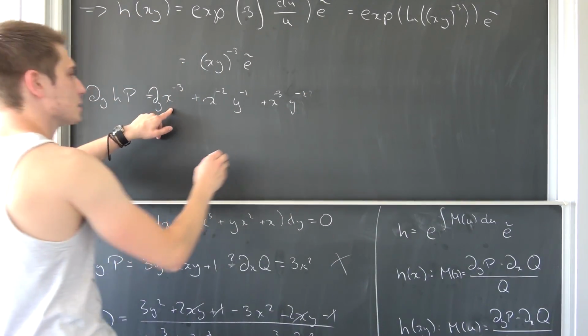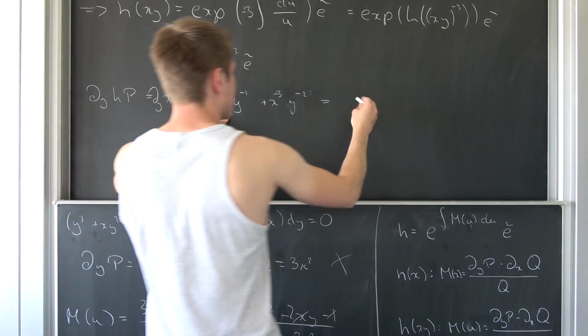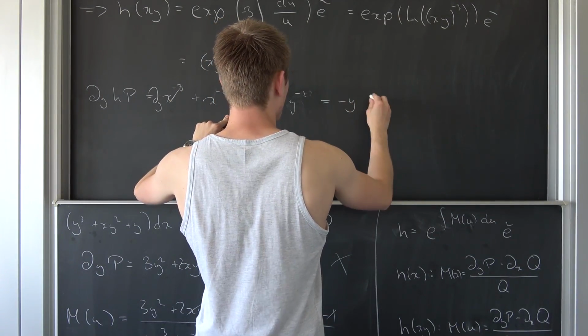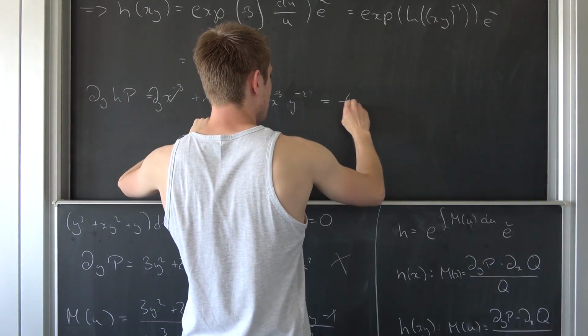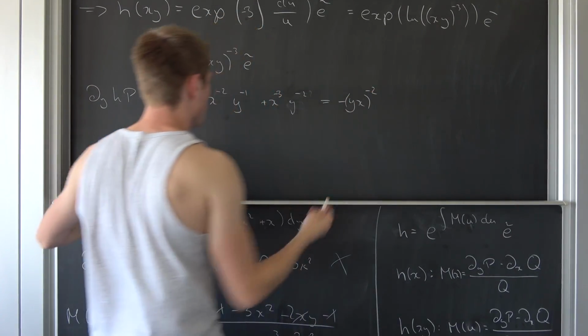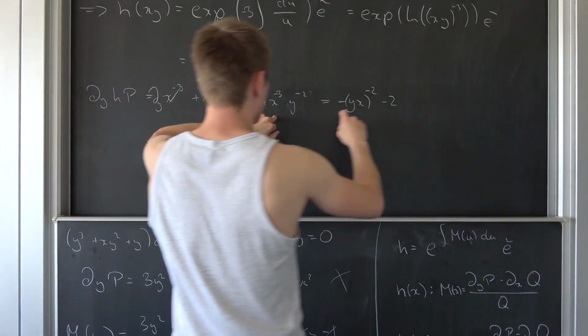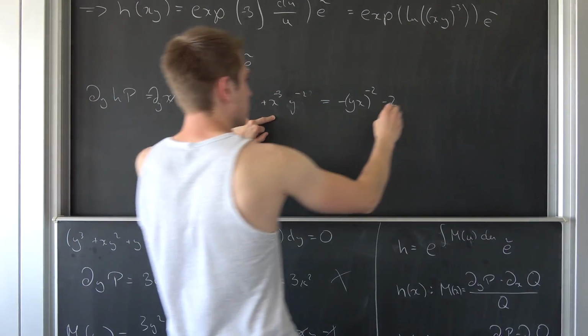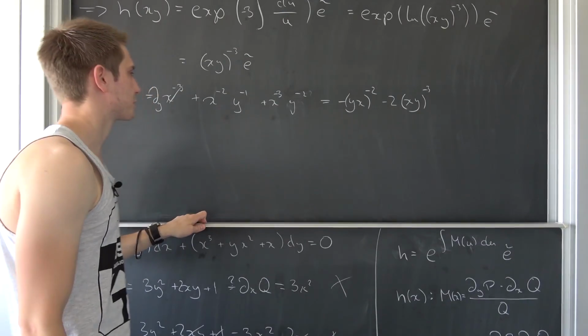Now differentiating this with respect to y is going to give us, this is going to cancel out in the process. This is going to give us negative y to the -2 power. We can actually bring this together, y times x to the -2. Now if you differentiate that, it's -2 times x times y to the -3rd power. Okay, this has been the first part.